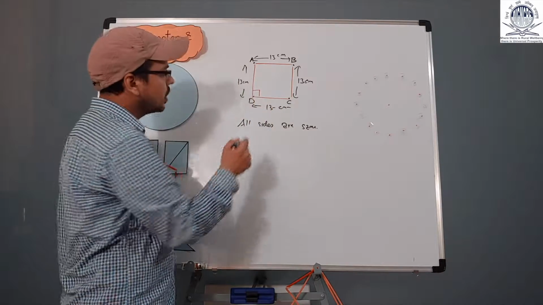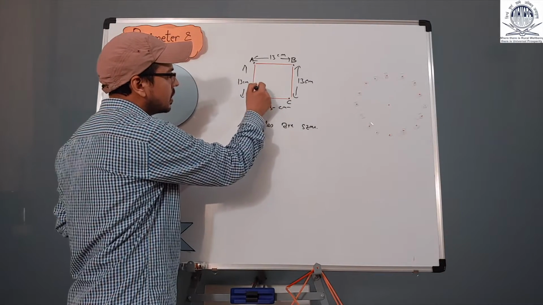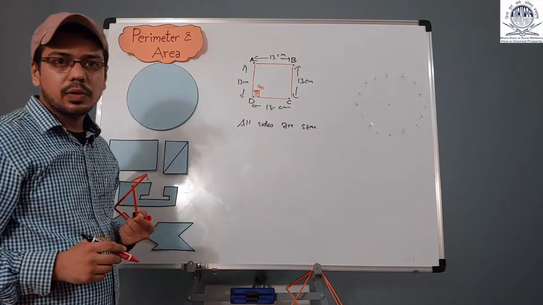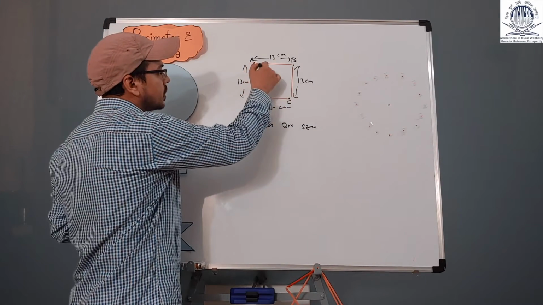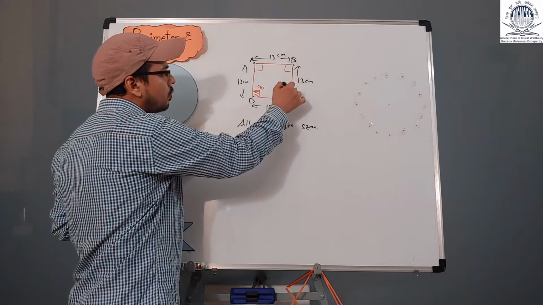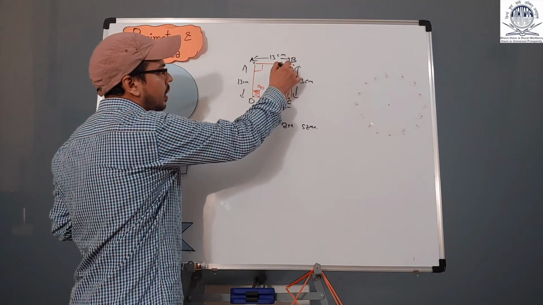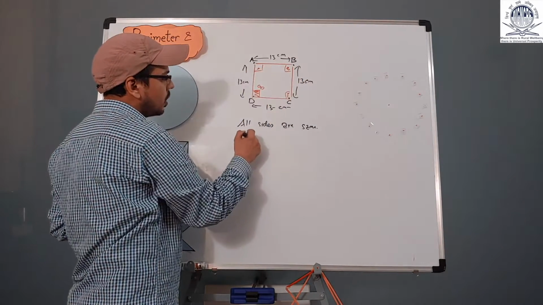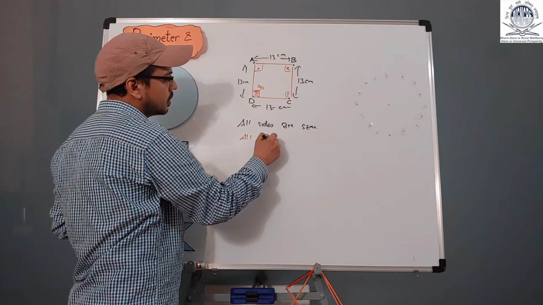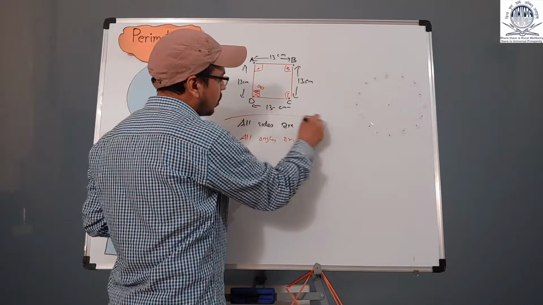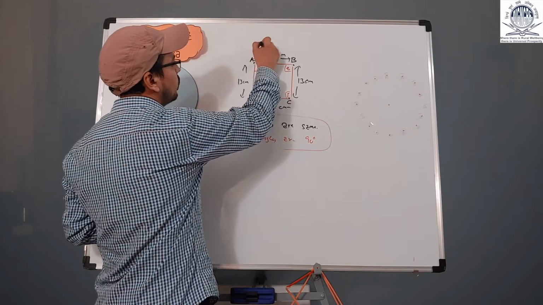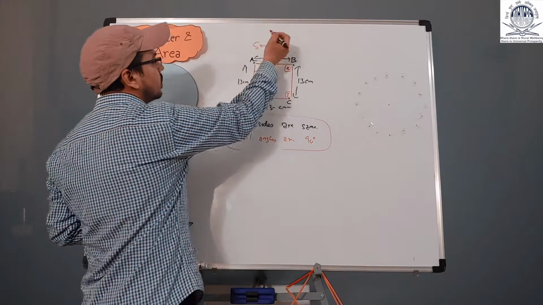When one angle is 90 degrees, that automatically implies all four angles are 90 degrees. So when all angles are 90 degrees and all sides are the same, we have a square.